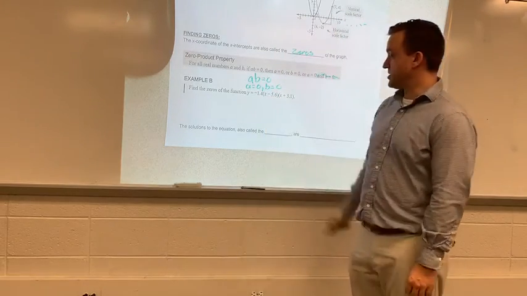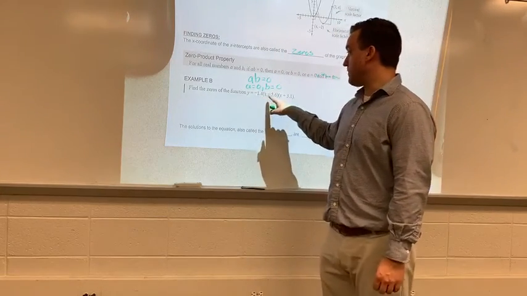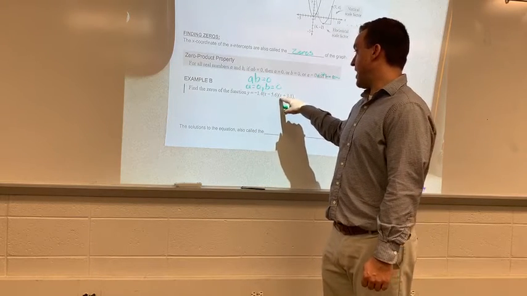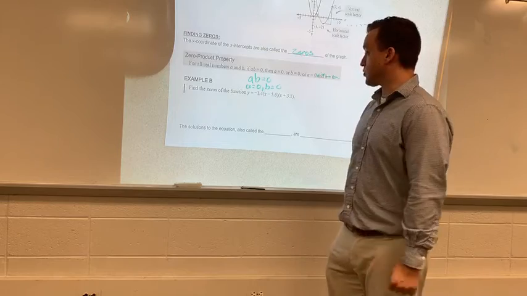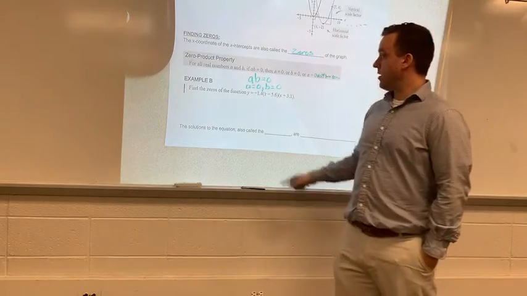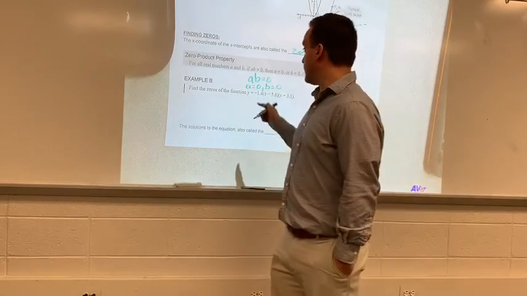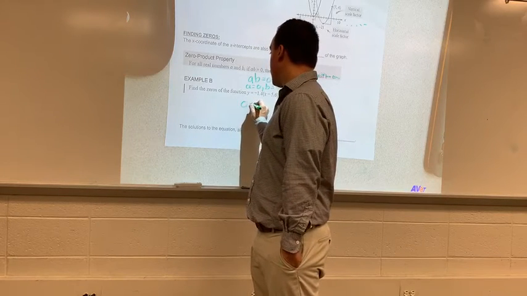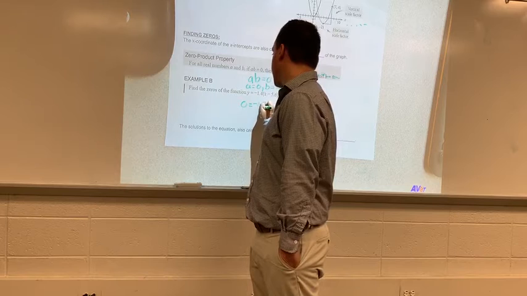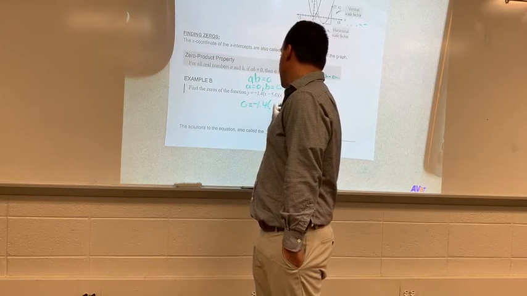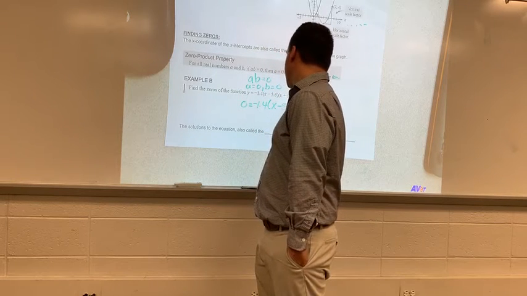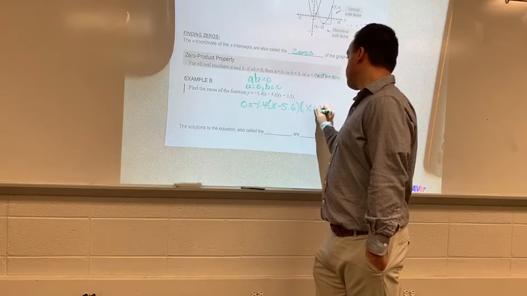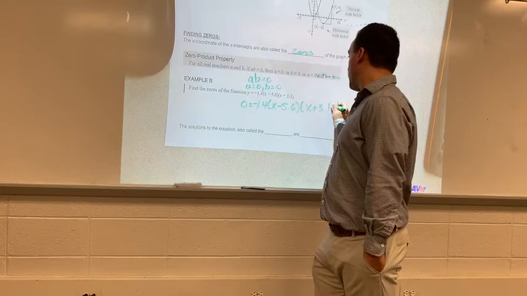So in this equation, we have negative 1.4 times x minus 5.6 times x plus 3.1. Well, in finding the zeros, I know that I want y equal to 0. So we have the equation 0 equals negative 1.4 times x minus 5.6 times x plus 3.1.